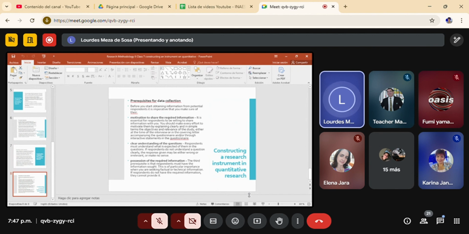What is a prerequisite for data collection? Before you start obtaining information from potential respondents, it is imperative that you make sure of their motivation to share the required information.